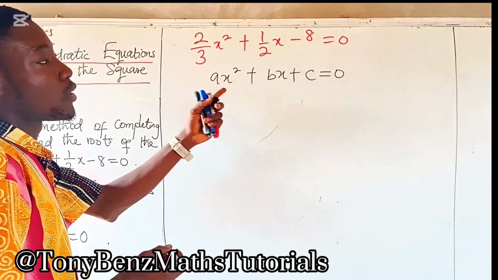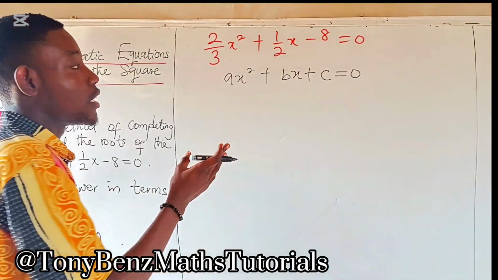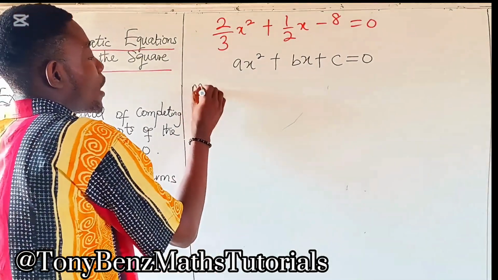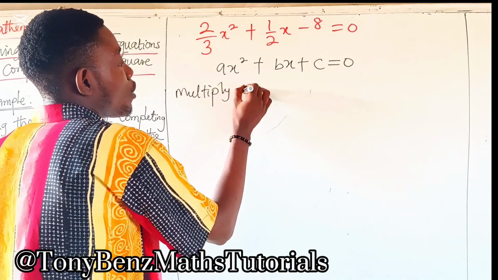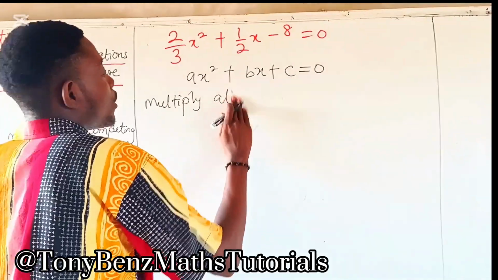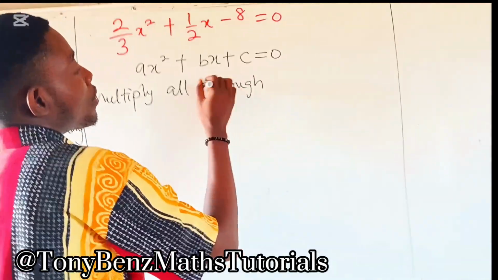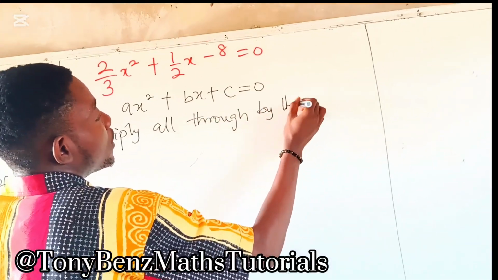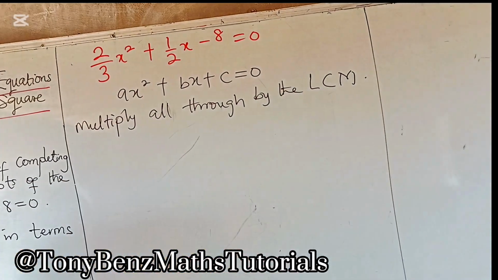So how are we going to make it look in this form? We are going to multiply all through by the LCM.